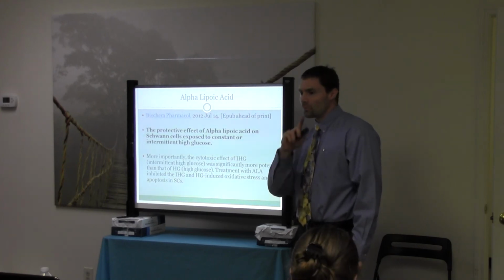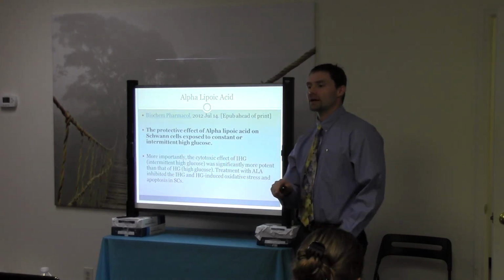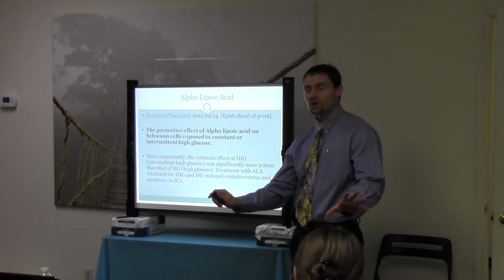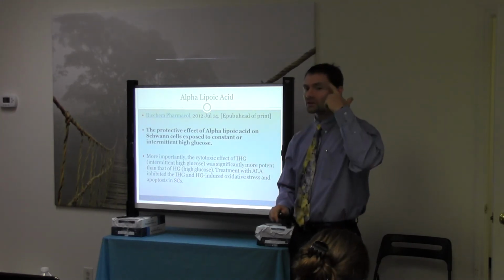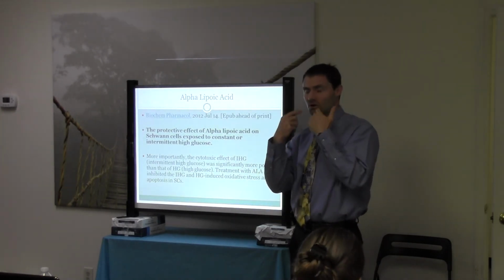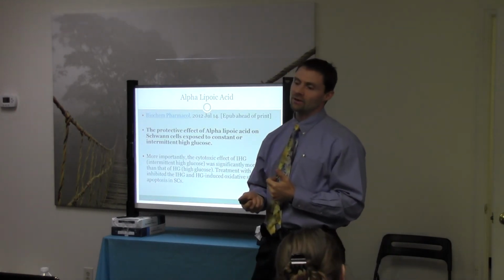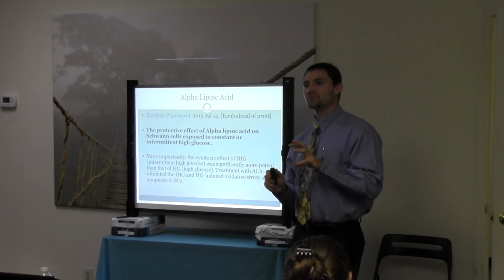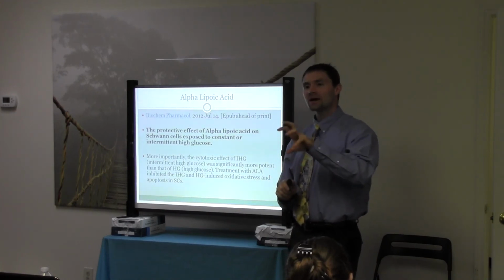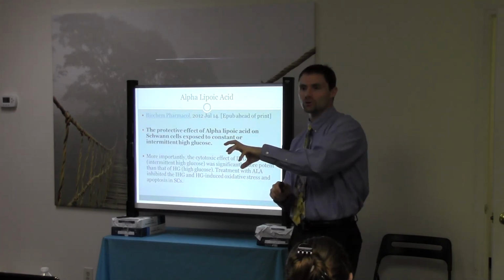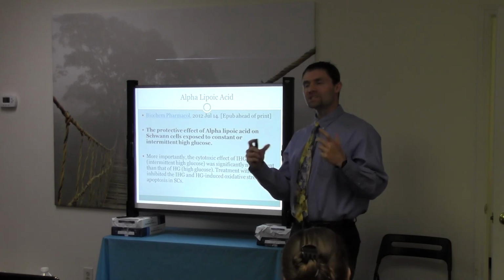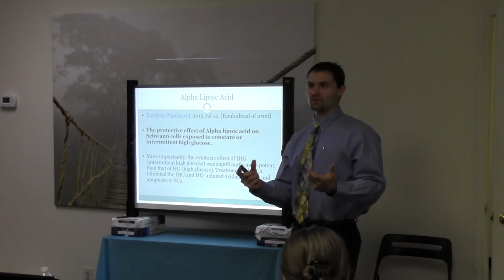What we want to do is we want to be able to protect that neurological tissue as much as possible. And this study was specifically related to peripheral tissue, and it's talking about these Schwann cells, but this same process also occurs in your central nervous system as well, right? So look at what they found in this. They differentiated between intermittent high glucose and high glucose. Now, of those two, which inherently would you probably think is worse?